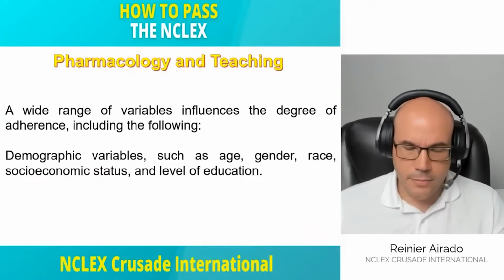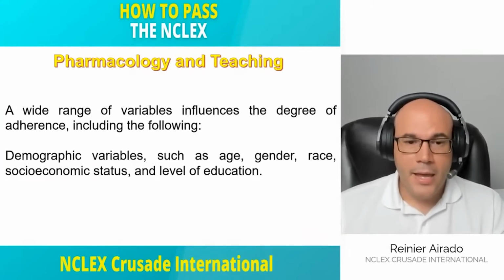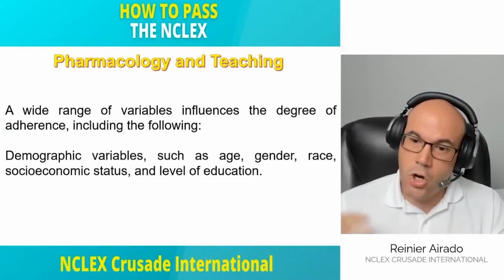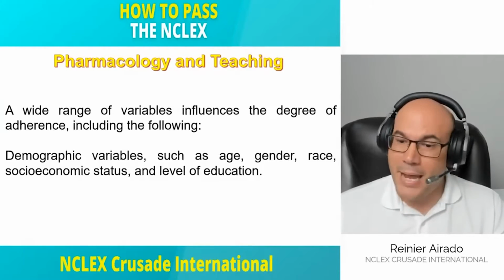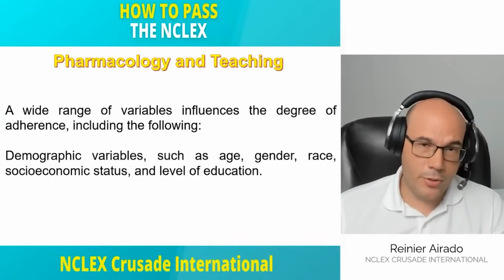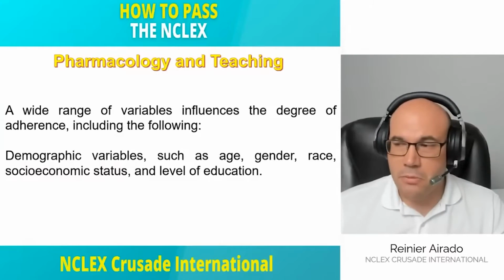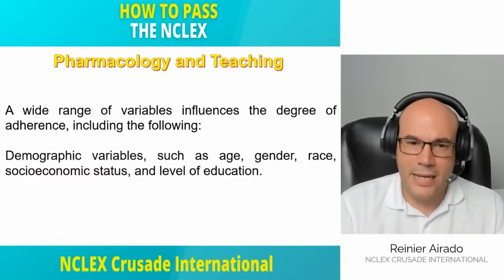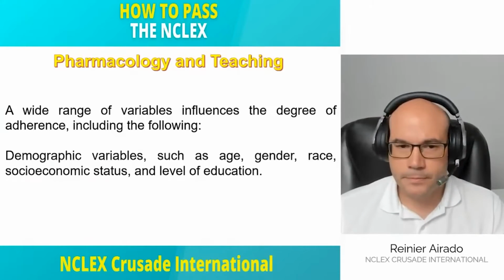What is the relationship? Well, very simple. If the level of education of the patient is lower, the patient may not understand the instructions that the doctor gave to the patient. The patient may not understand the importance of following the medication regimen.